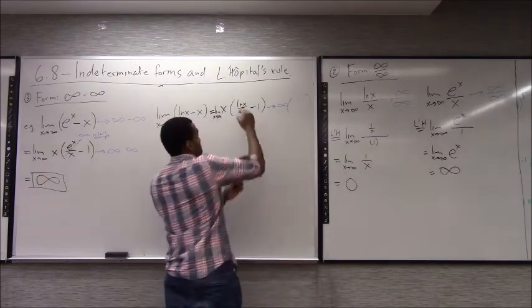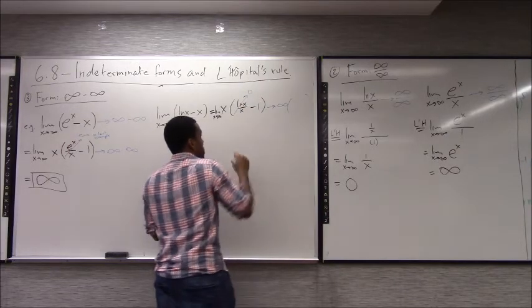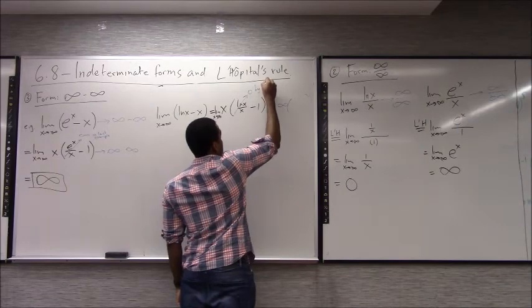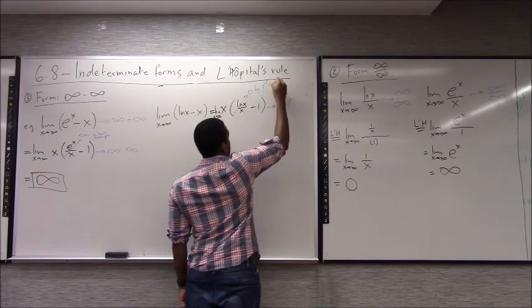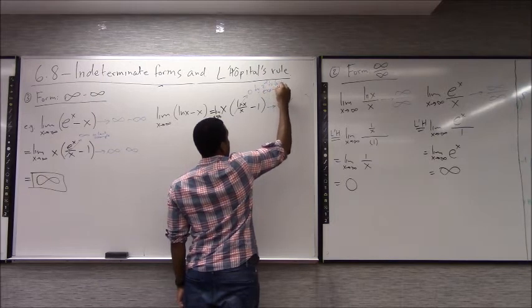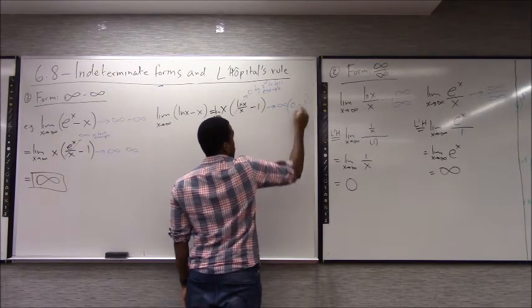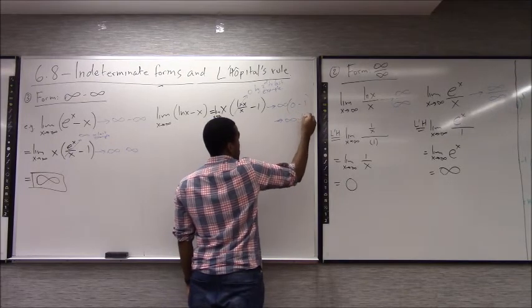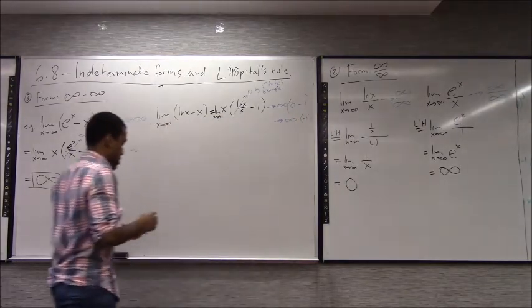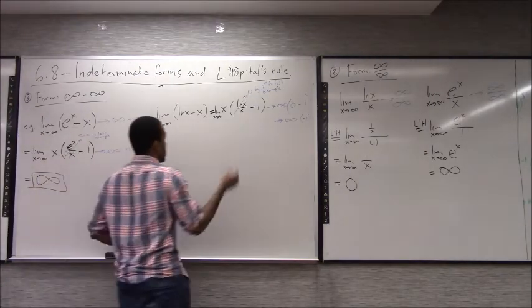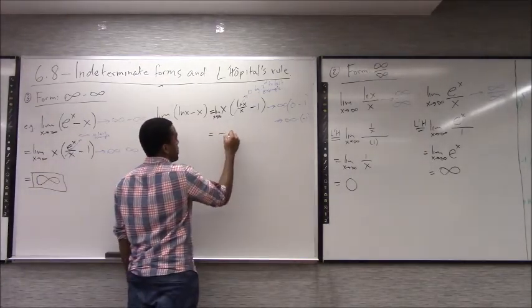So this guy I know will approach 0 by the second to last example. And so this approaches 0 minus 1. In other words, it approaches infinity times minus 1. So it's a huge number times negative 1. The result is a huge negative number.